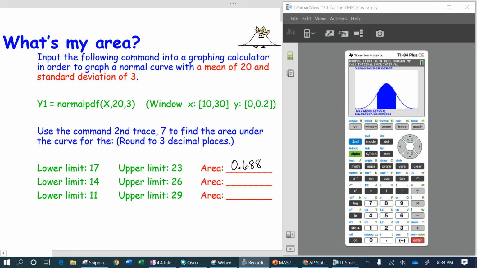We're then going to repeat this process again with a different lower limit and a different upper limit. So we'll go 2nd Trace to get to our calculate menu, choose option number 7, and find a new lower bound of 14 and a new upper bound of 26.